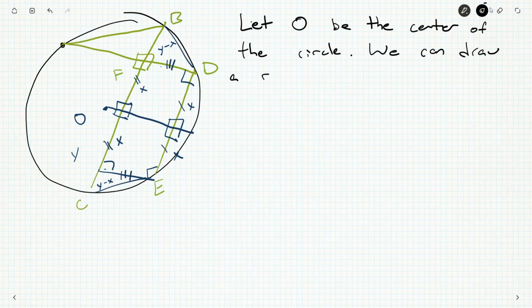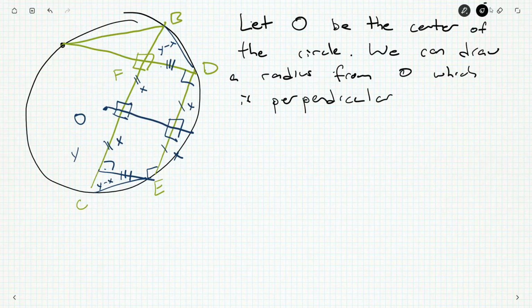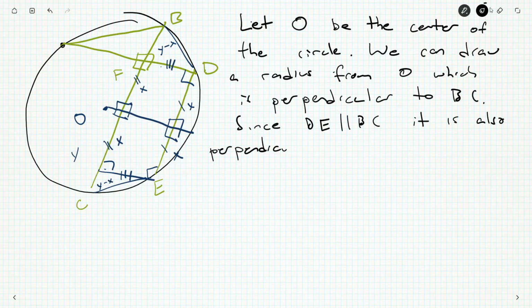We can draw a radius from O, which is perpendicular to BC, and since DE is parallel to BC, it is also perpendicular to DE. Okay. So that sets up these perpendicularities, which starts setting up a rectangle.